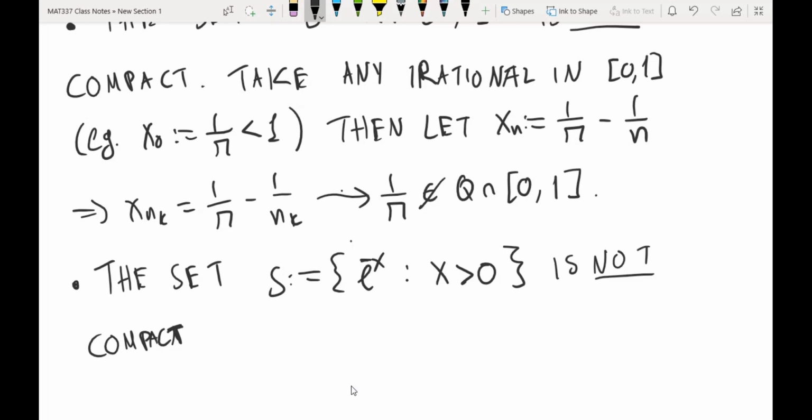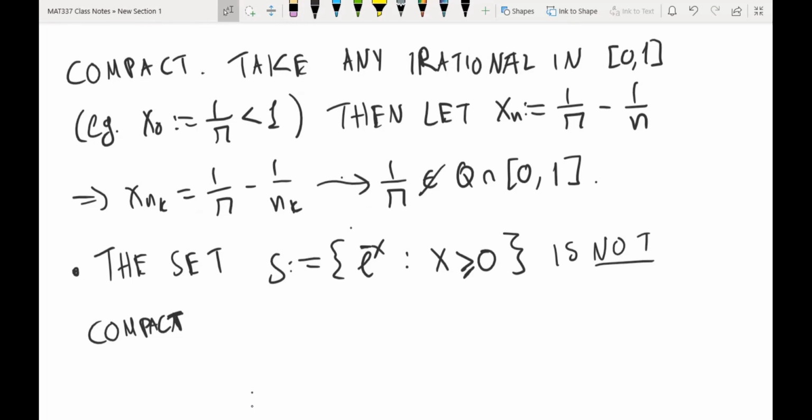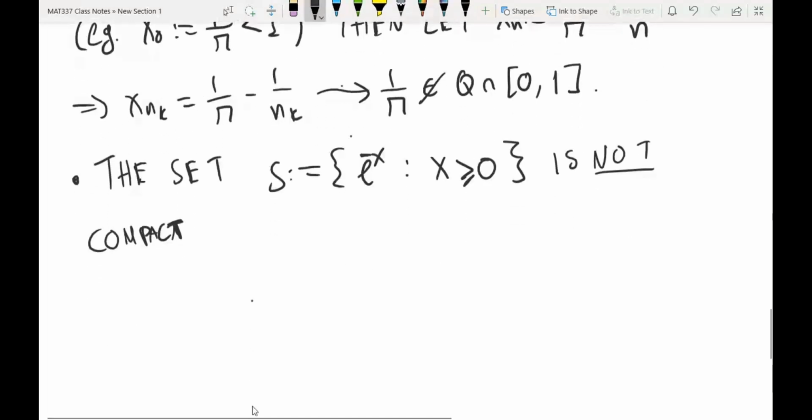In fact, let me make it x greater than or equal to 0 to further drive the point. Why is that?